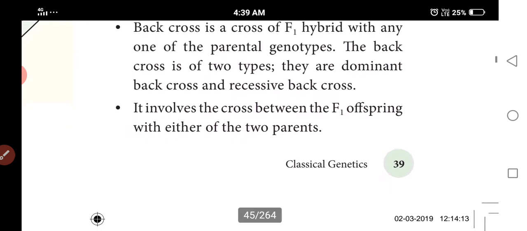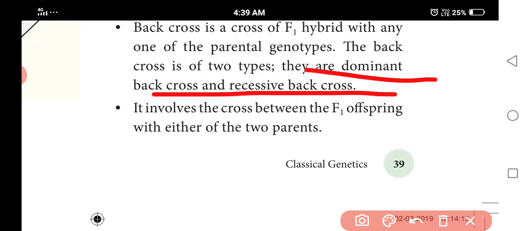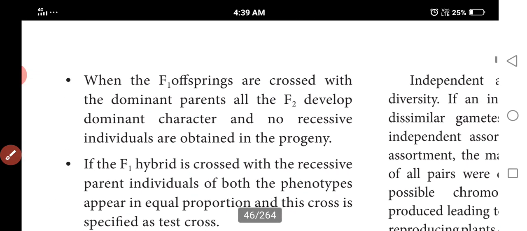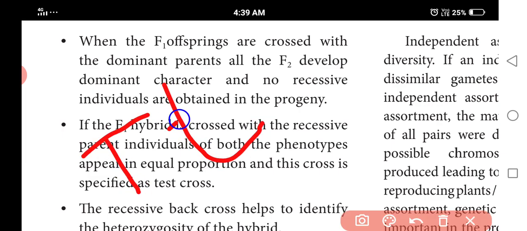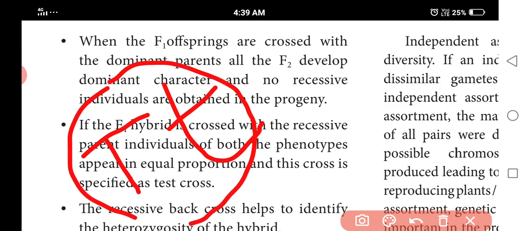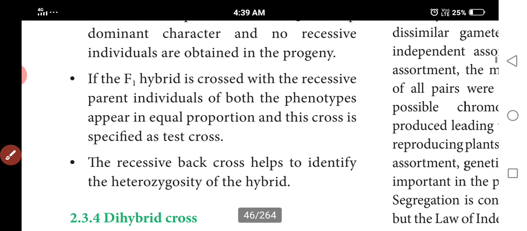So two types are here, dominant backcross and recessive backcross. It involves crossing F1 offsprings with either of the two parents. When F1 offsprings are crossed with dominant parents, the F1 generation, which is heterozygous tall, is crossed with capital T capital T, and the progeny are all tall plants.